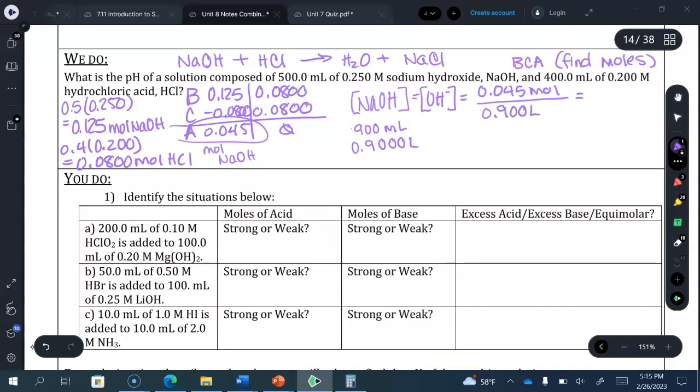And you end up with a concentration of 0.050 molar for the sodium hydroxide and hydroxide ion. So then we can find the pOH for this by taking the negative log of that. And you end up with 1.30. And then the pH, which is what you were asked for, is 14 minus that. Okay. Which is 12.70.